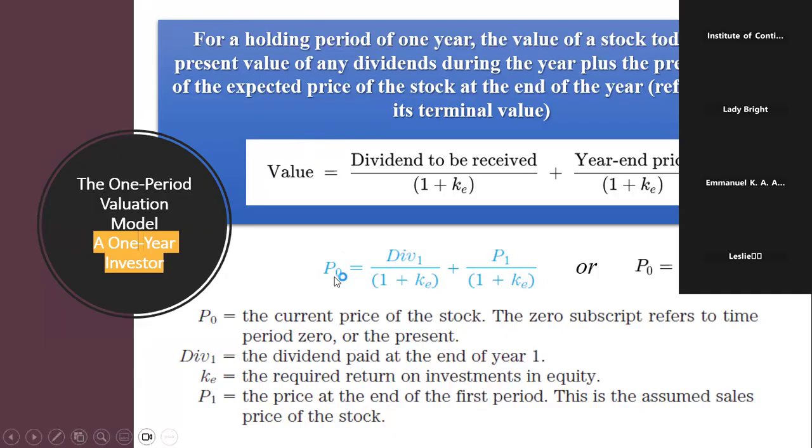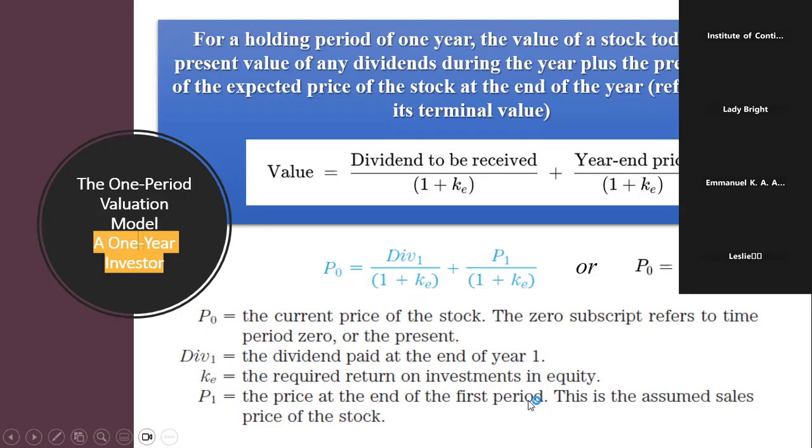So P0, which is the present value of the stock, is equal to D1, dividend at year 1, sometimes written as D or DIV. Dividend at year 1 divided by 1 plus KE. KE is the required rate of return on the investment.